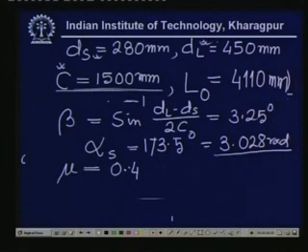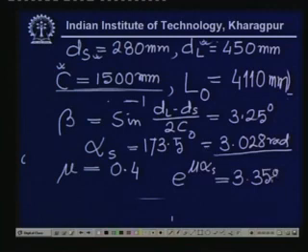If you take the coefficient of friction as around 0.4, then you can compute the value of e to the power mu alpha s, and that comes out to be 3.358. So you can find out this particular value of e to the power mu alpha.